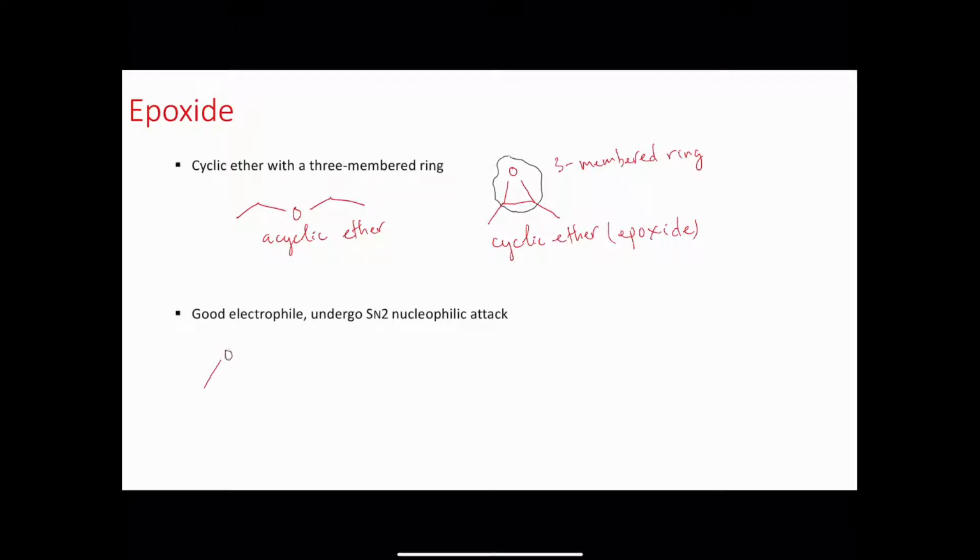Let's take ethylene oxide as an example. So this is a three-member ring and it's a strained structure.